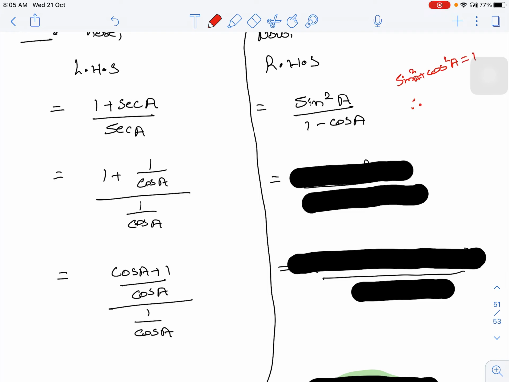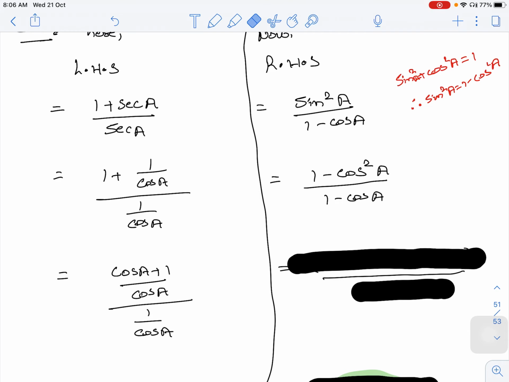So if we change the side of this cos square A, we get sine square A equals to 1 minus cos square A. Okay, so now we will use this identity over here. So instead of this sine square A, we will write 1 minus cos square A. So in next step we get 1 minus cos square A upon this 1 minus cos A as it is.